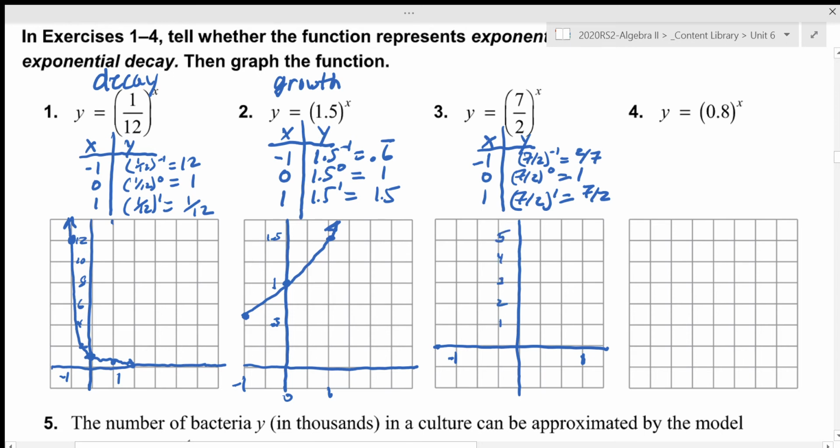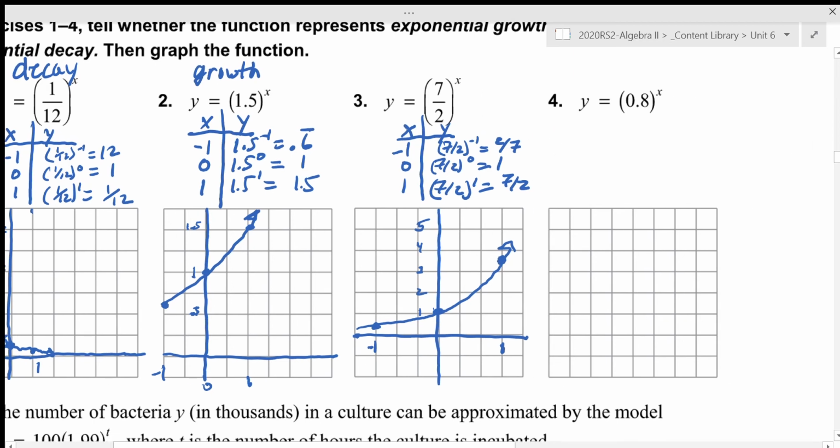At -1, the function is at 2/7, which is like 0.29, so it's pretty small. At 0, the function is at 1. And at 1, the function is at 7 halves, or 3.5, so it's way up here. Then connect those dots with a smooth curve, and you have your sketch of the exponential function 7 halves to the x.